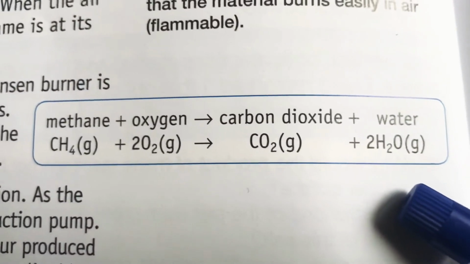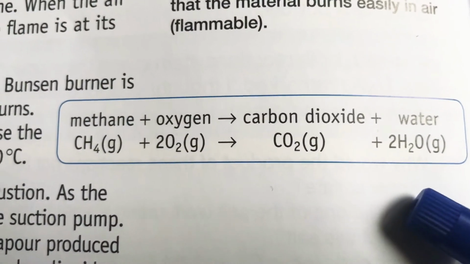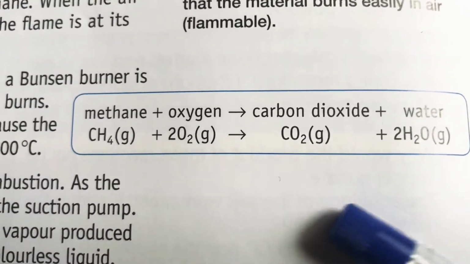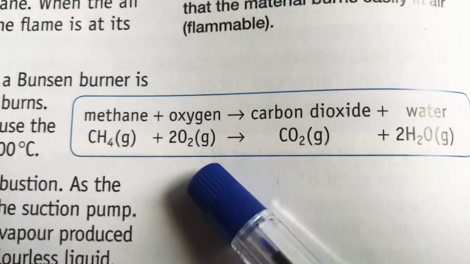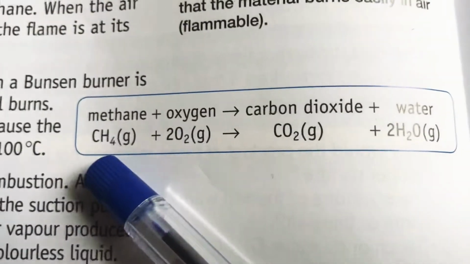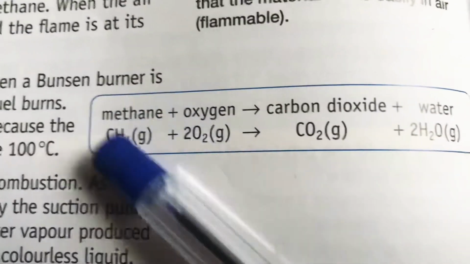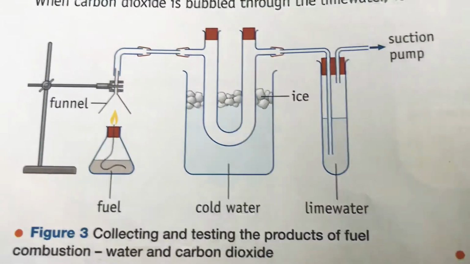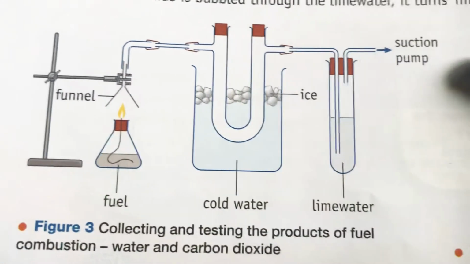Now for the extension, students are going to be studying another type of combustion called incomplete combustion. Incomplete combustion comes about because not enough oxygen can be provided to combine with everything there is in a fuel. So this is an experiment that can be used, and it involves a suction pump.